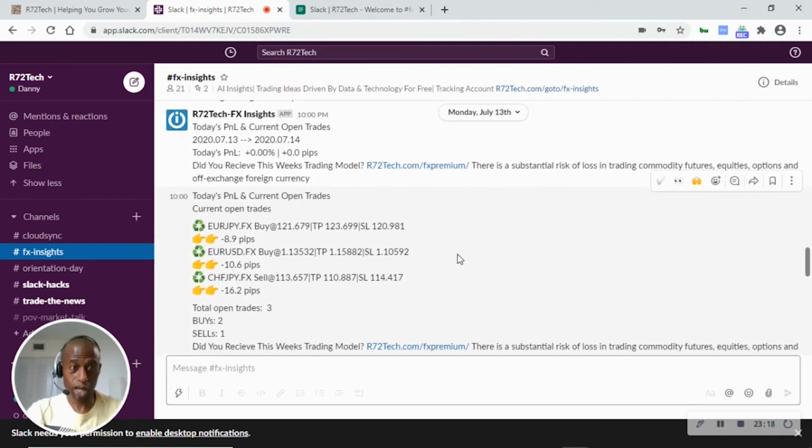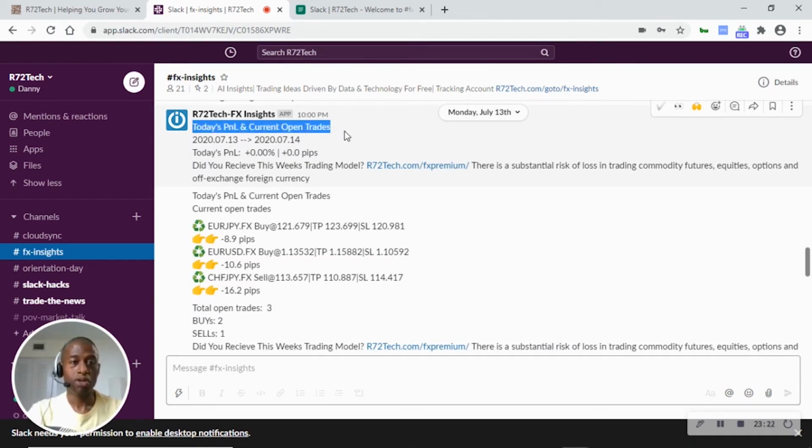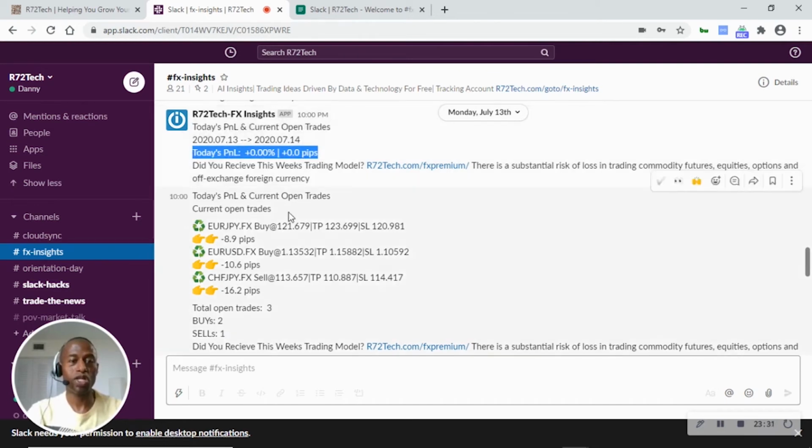All right, 10 o'clock has arrived. What happens at 10 o'clock? We all know that we're going to get our daily update here. 2 parts to it. The first one is the P&L. 0-0 doesn't mean any trades aren't open, just means nothing is closed. You already know to look down a little further for the current open trades.